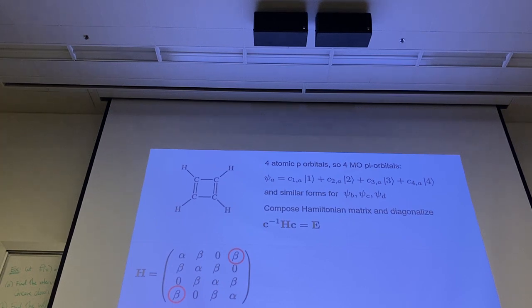And that is, of course, because this is a cyclo compound. So this position here in the Hamiltonian matrix is position 4, 1. That means atom number 4 and atom number 1 are neighbors, and that must be so in a circular compound, right? The same is true all the way at the top.